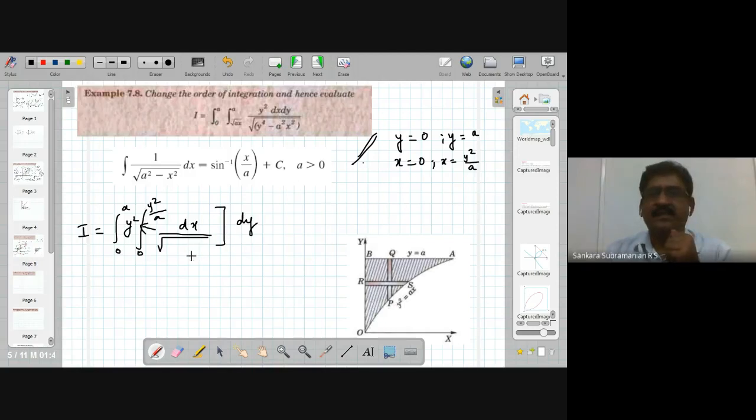Treat y as a constant, so y power 4 should look to me like 10 power 4. So this can be written as y square whole square, because this whole term is going to be a constant term. I can take it as a square, capital A the whole square, where capital A is y square, and minus the x square term.